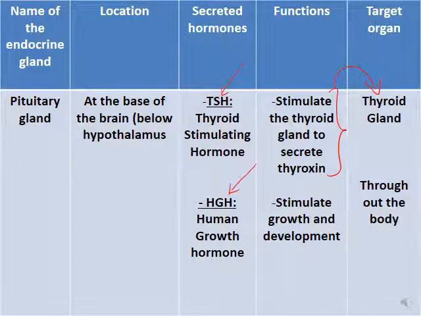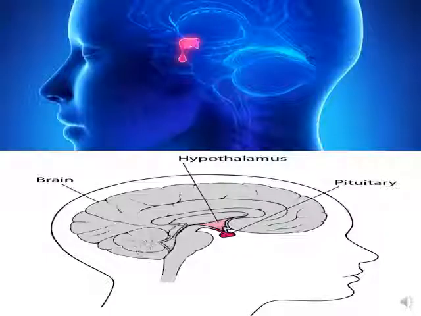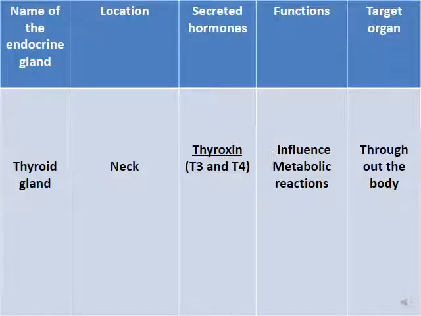Whereas human growth hormone, HGH, stimulates the growth and the development of target organs throughout the whole body. Also, we identified the position of the pituitary gland. It's located below the hypothalamus. This is the position.